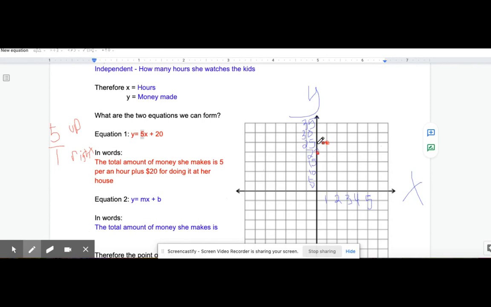So going up 5 to 25 and then over 1 time. Then I need to go up 5 more to 30, which is only worth 1 tick mark, and over again, up 5 more, over again. And this is the furthest I can go without adding more ticks. So let's hope that the second situation will cross this one within this scale, but it might not. We'll find out.